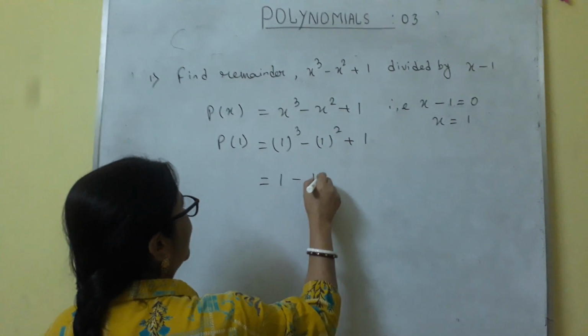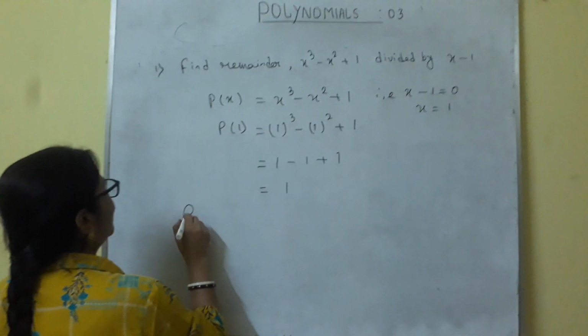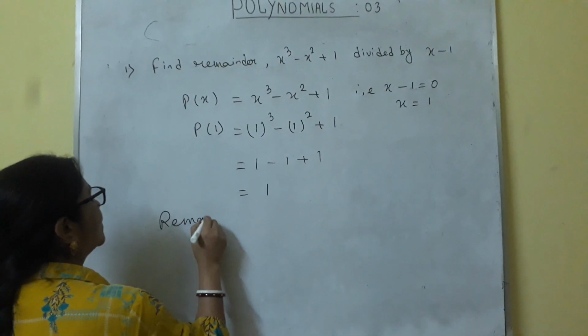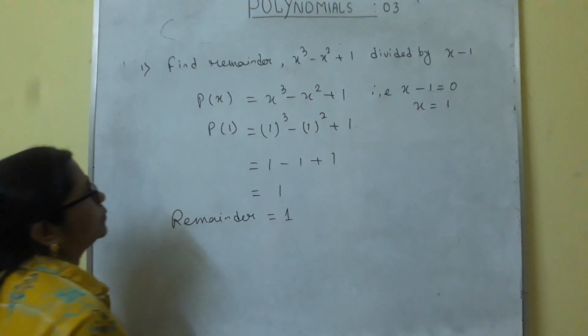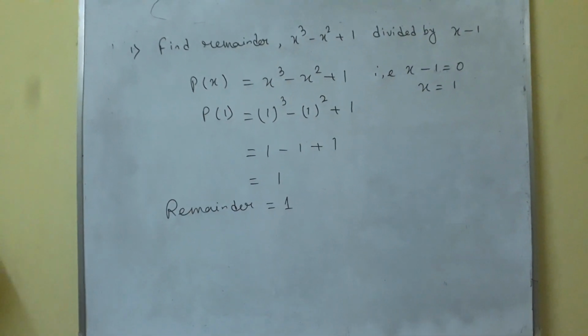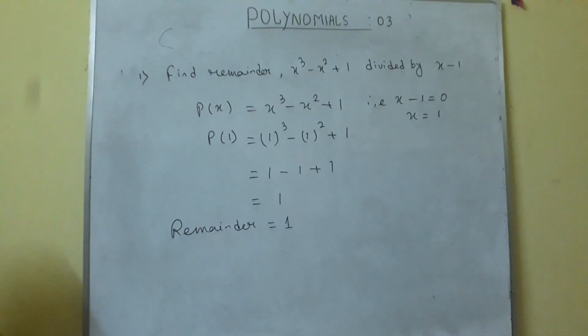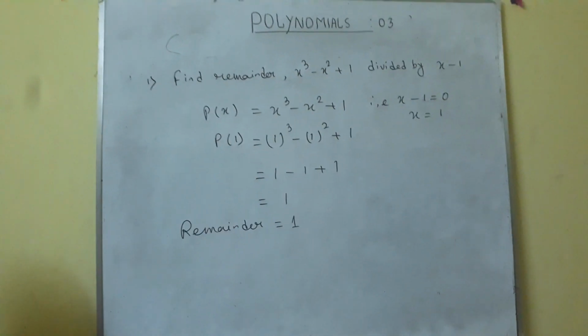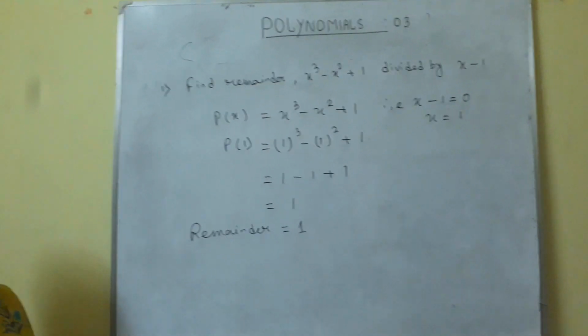That gives 1 minus 1 plus 1, which gives 1. Therefore the remainder equals 1. So using the remainder theorem we can find the remainder of a polynomial when divided by any other linear polynomial.